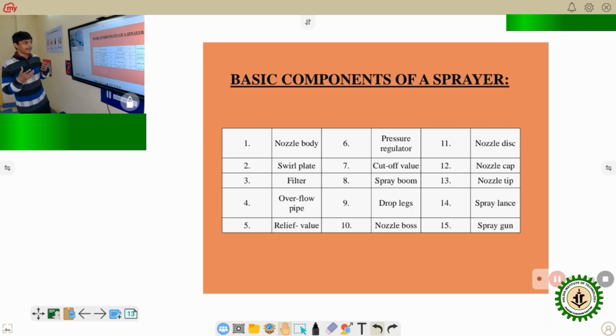Apart from these there are nozzle caps, a nozzle tip, spray lances, and a spray gun. These have their own functions, and together they make a complete sprayer.